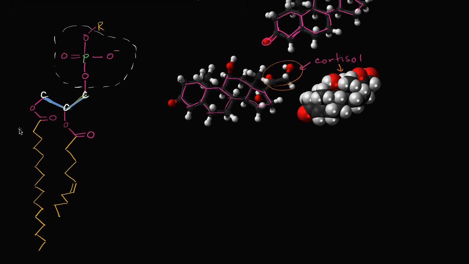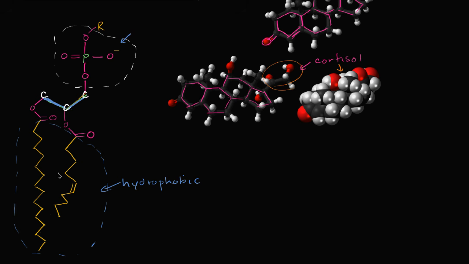The chains from the fatty acids, especially the hydrocarbon chains right over here, are going to be hydrophobic. While the phosphate end right over here has charge. Charged molecules dissolve in water very, very well. And so this one over here is going to be hydrophilic. You could say it's going to be attracted to water.